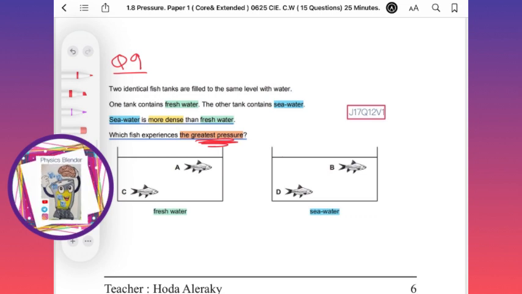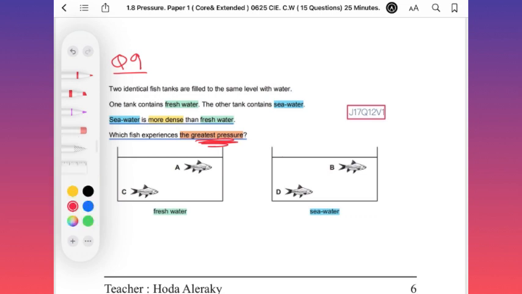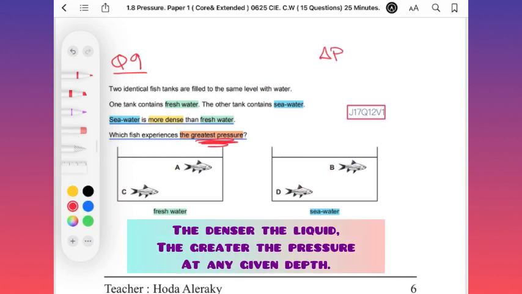Again, for extended candidates, the factors affecting pressure due to liquid depends on density, rho g, and depth h. So the two factors affecting pressure due to liquid, density of liquid, depth of liquid. Here we are looking for greatest pressure, so we have to look at seawater tank.